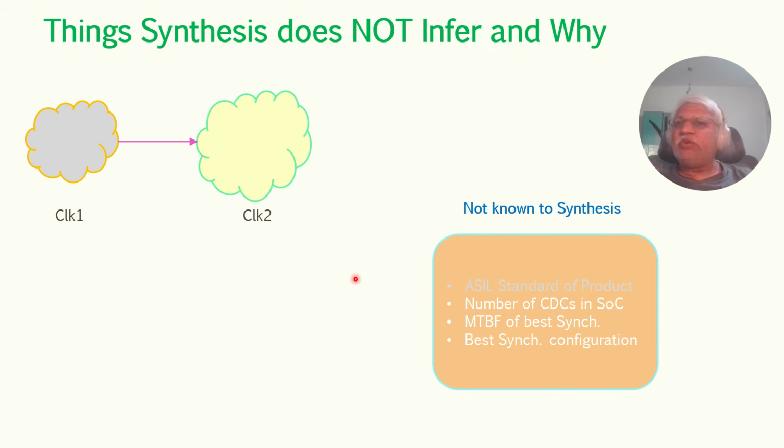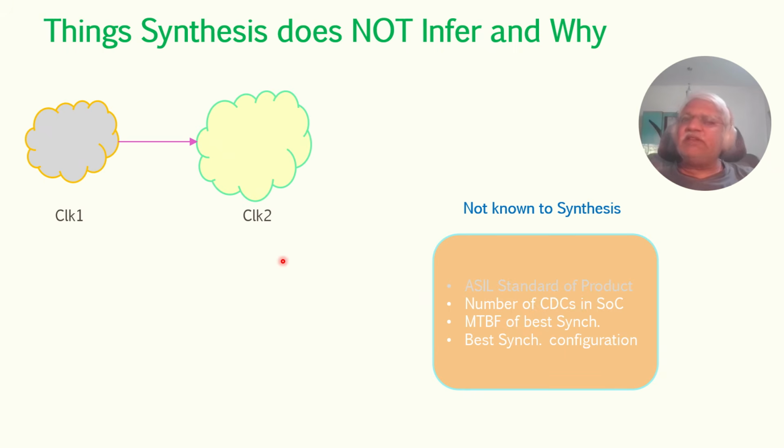And one more thing is to calculate the MTBF of the best synchronizer. Usually the IP library will provide the destination frequency and the PVTs associated with it, and some slew and tau information, the resolution time constant information, but for different clock domains with different frequencies it will not provide.